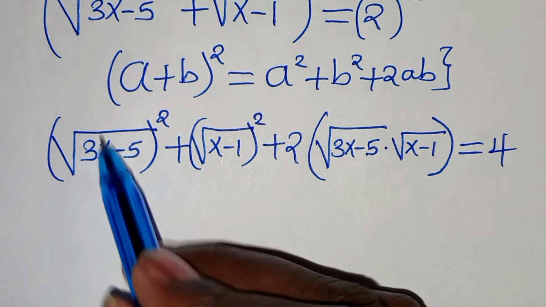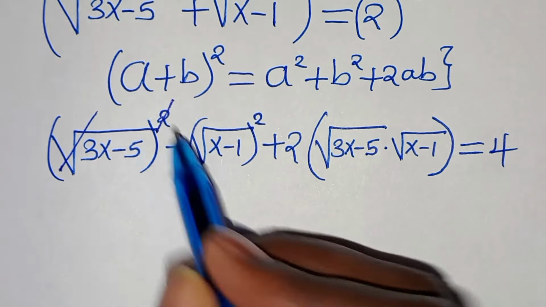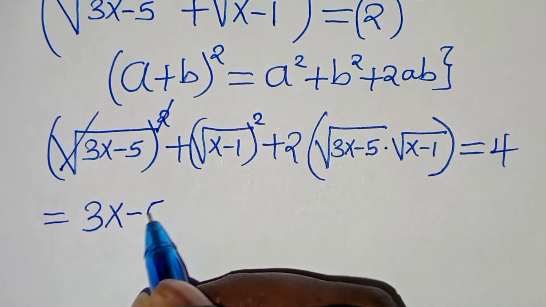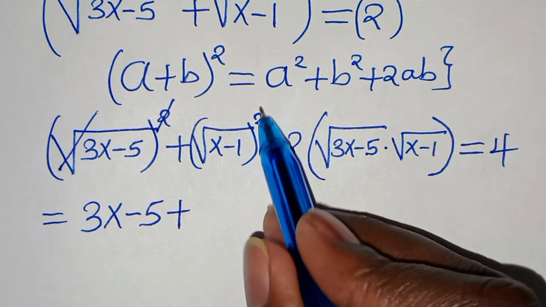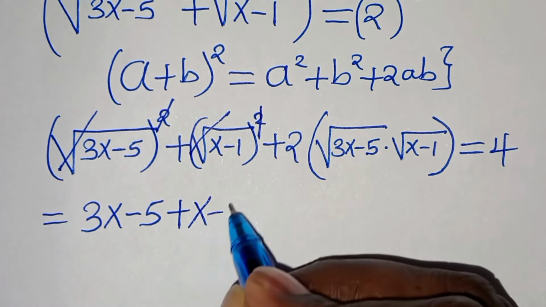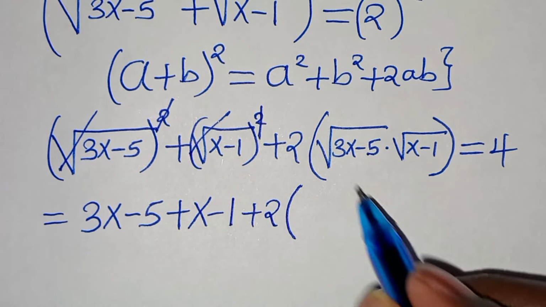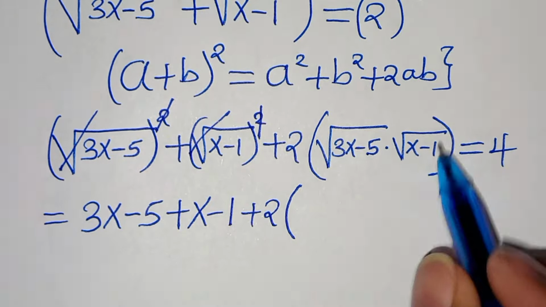Now, for the square root of 3x minus 5 to the power of 2, let's eliminate the square root sign, so that now we have 3x minus 5, plus the square root of x minus 1 to the power of 2. We eliminate the square root sign as well, so we have x minus 1, plus 2 into the parentheses, the square root of 3x minus 5 times the square root of x minus 1.